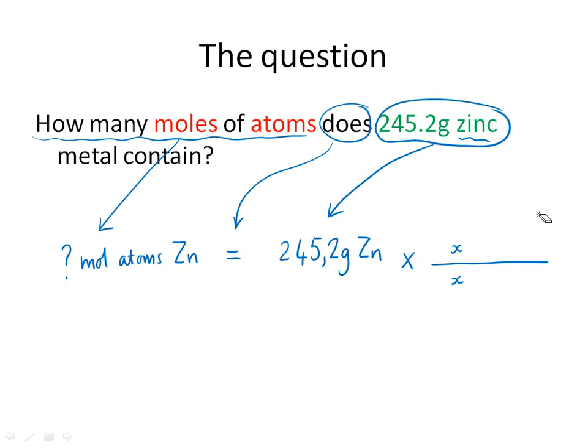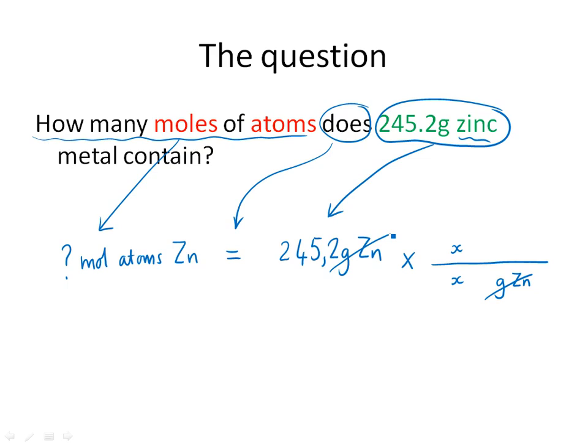Now this is only going to be useful if the bottom of the fraction has a unit, grams zinc, that will cancel out the unit of the given information, gram zinc.